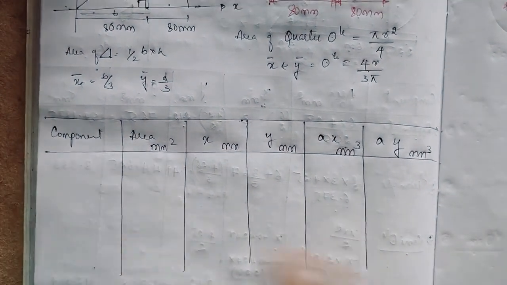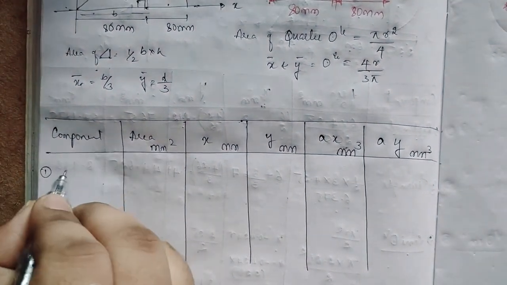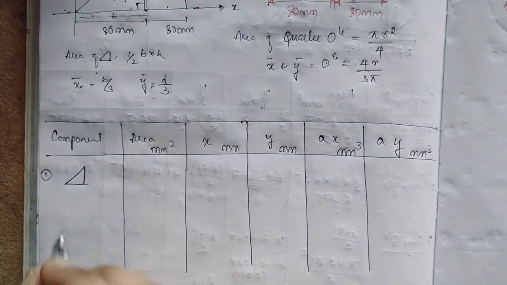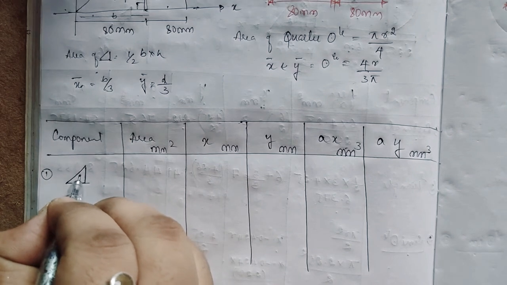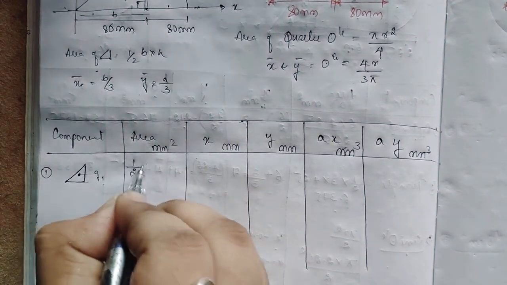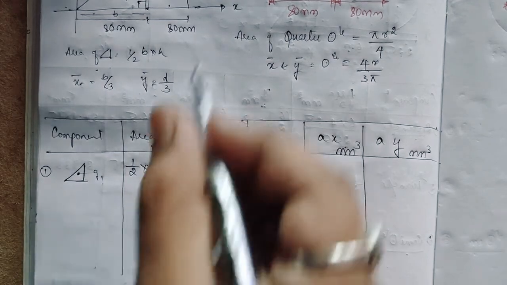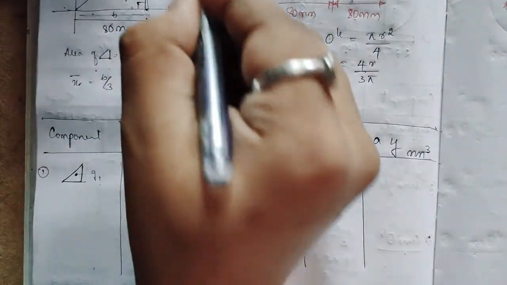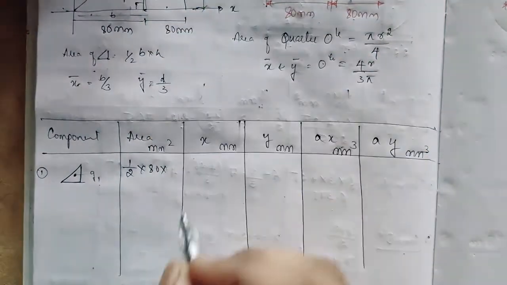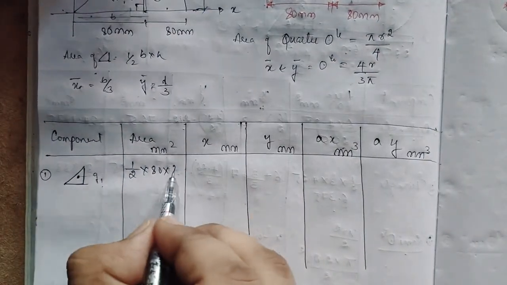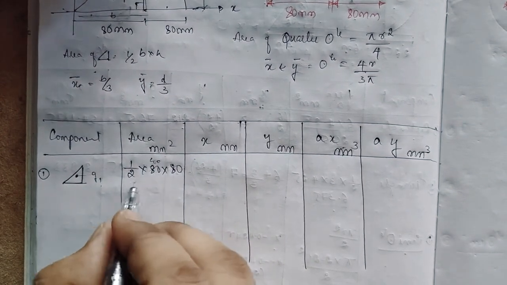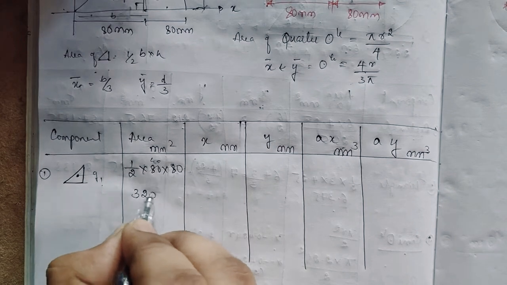Now what is the first component? That is a right angled triangle, so the centroid will be here, that is G1. What is the area? That is half into 80 into 80, the same distance, which is 3200.